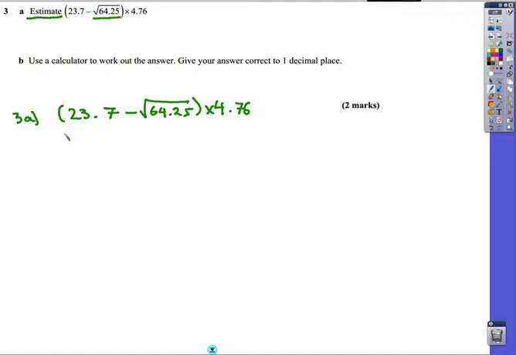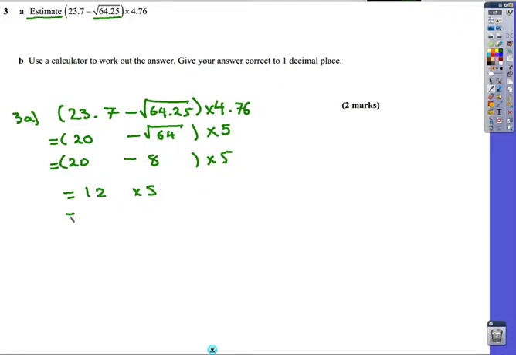And 23.7 to one significant figure is 20, and you're subtracting, well, 64.25 is close to square root 64, which is a square number, and 4.76 to one significant figure is just 5, and that is 20 subtract 8 times by 5, which is equal to 12 times 5, which is equal to 60. So this here is approximately 60.